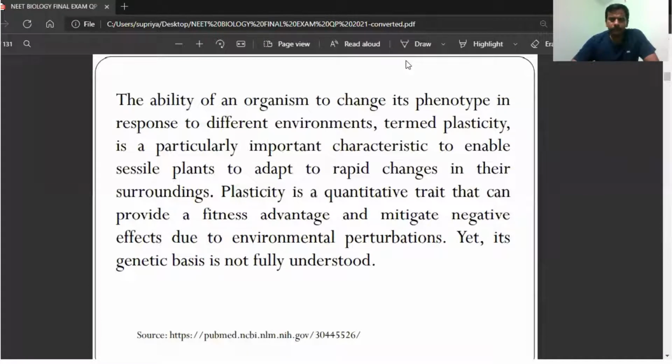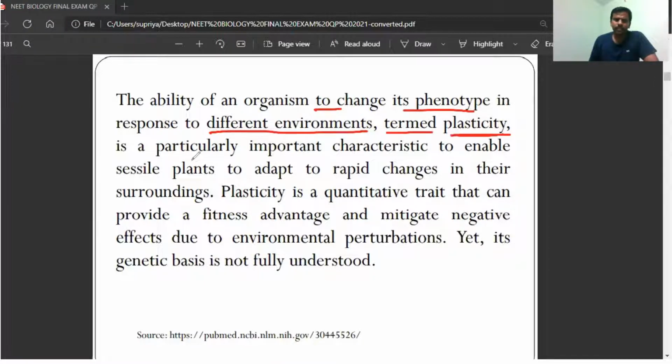Now see, student, here, the ability of an organism to change its phenotype in response to different environments, termed as plasticity, is a particularly important characteristic to enable sessile plants.